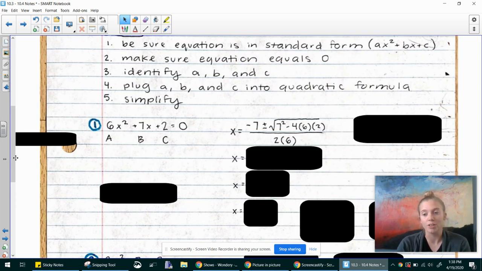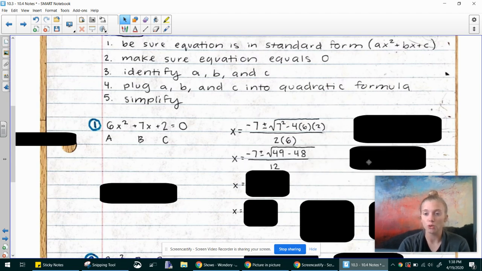Now we need to use order of operations to help us simplify. The first thing that we're going to do is simplify everything that is underneath the square root symbol as well as the multiplication on the bottom. So 7 squared is 49. 4 times 6 times 2 is 48, and 2 times 6 is 12.